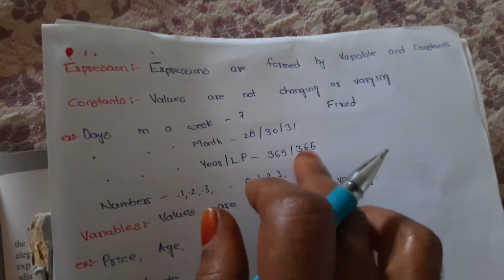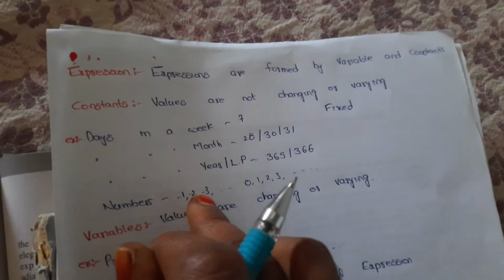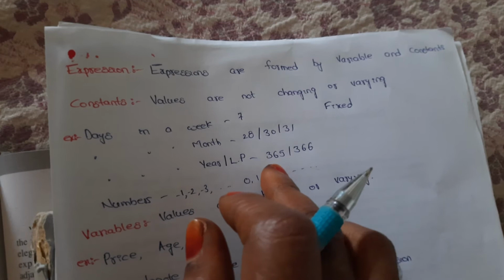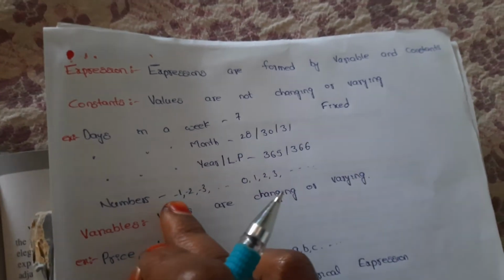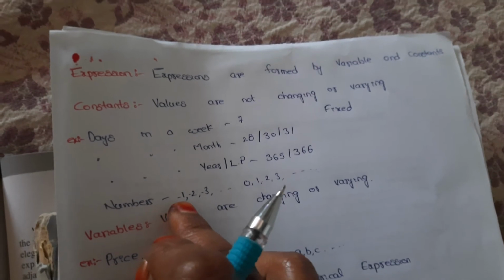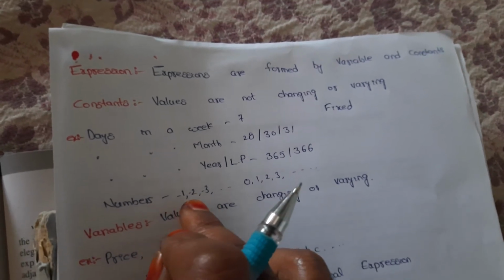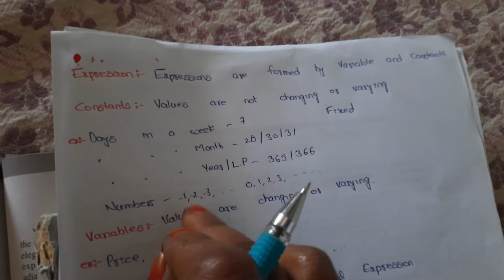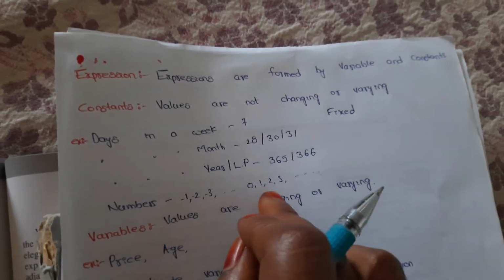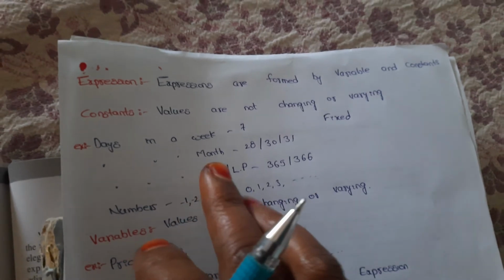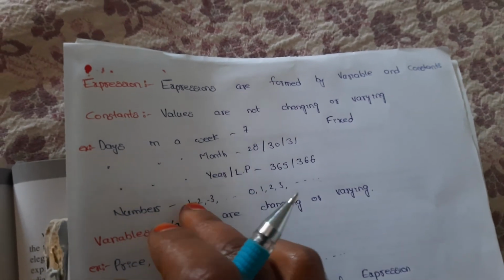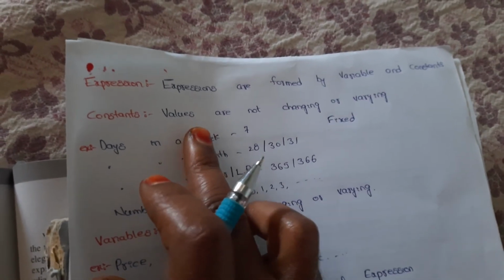The days are fixed, and the numbers like integers, rational numbers, natural numbers all have their own face values. That is, 1 always has 1 as its face value, -2 has -2 as its face value. Like this, all the numbers have their own face value. They are not changing. That's why these all come under the examples of constants.